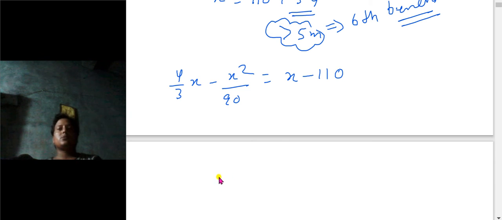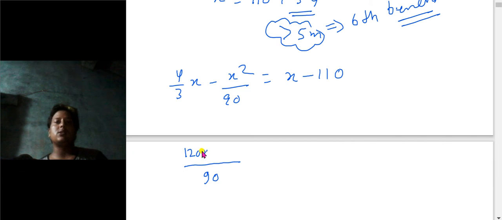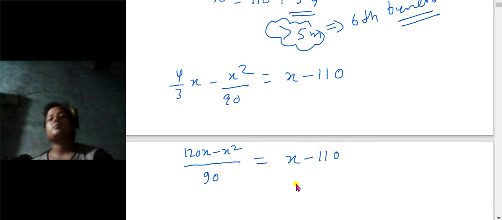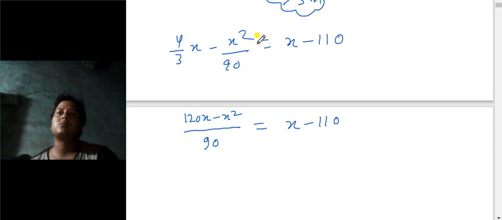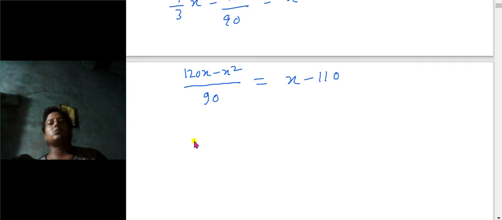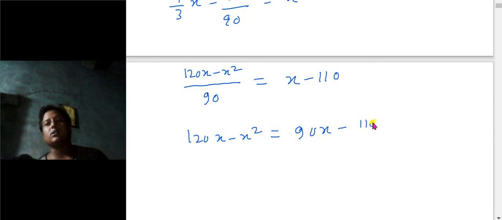So here LCM is 90 and 120x minus x square equals 90x minus 110 multiply 90.